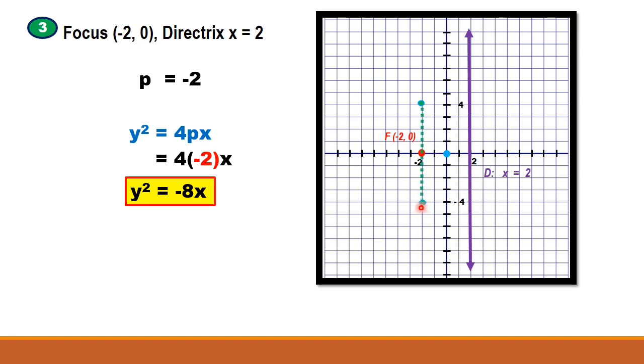And this is the focal width of this parabola. And the coordinates are negative 2, 4, and negative 2, negative 4. And draw the parabola.